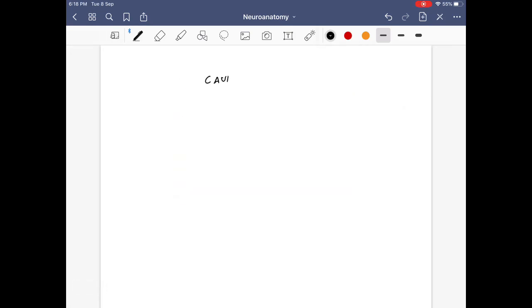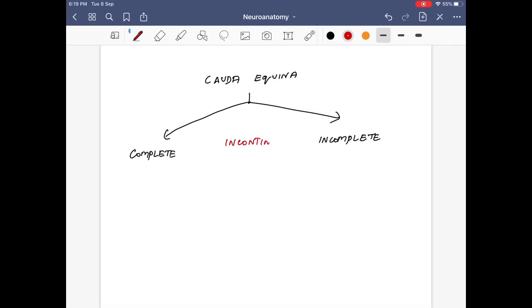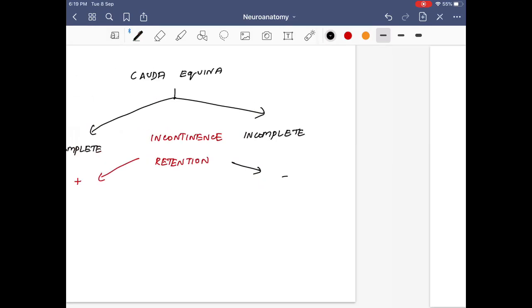Now we need to differentiate cauda equina into incomplete or complete based on whether there is incontinence or retention. If either of these is present, it is complete cauda equina, and if it is absent, it is incomplete cauda equina.